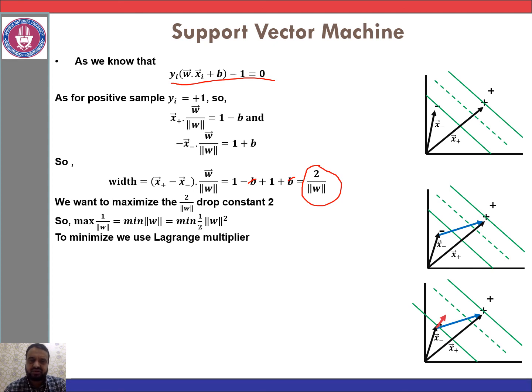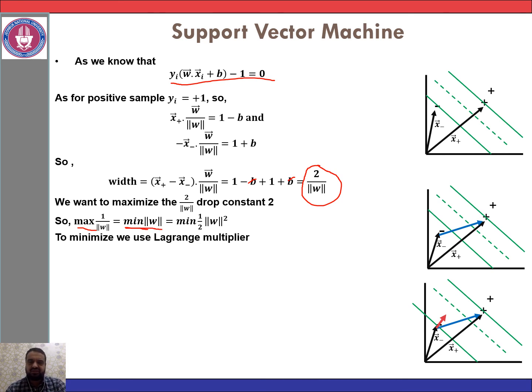Now we will drop 2 because it's a constant and it does not contribute. So maximizing 1 over the magnitude of w is also equal to minimizing the magnitude of w, because it is the reverse. So we can minimize the reverse of 1 over something. So what we need to do is minimize the magnitude of w.